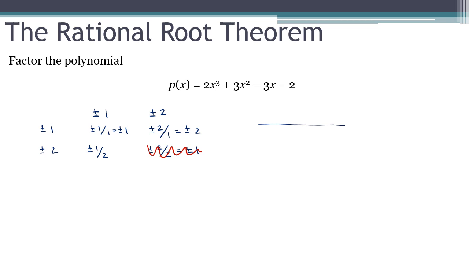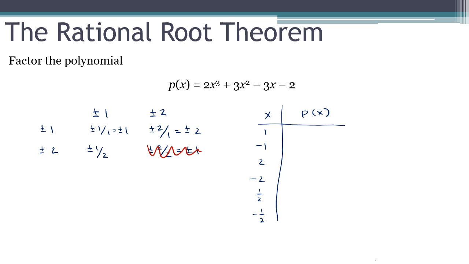I'm a math professor, I like tables. I'm going to put the x values here, 1 and minus 1, 2 and minus 2, 1/2 and minus 1/2. And then over here I'm going to say, what is p of x? The ones that come out to 0, those are my yeses.